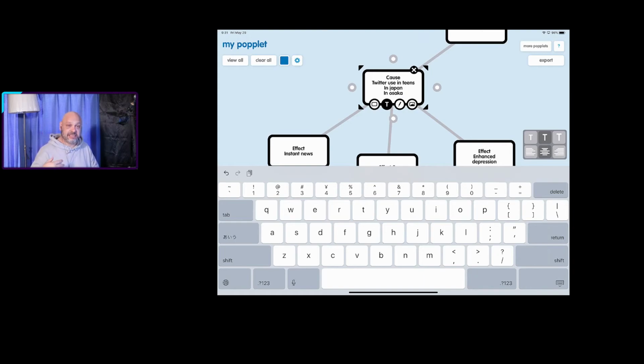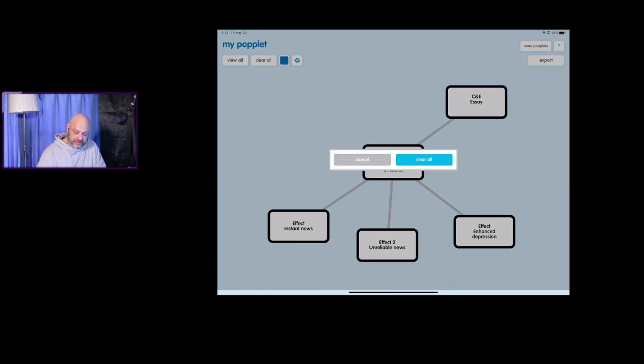And for the classes that I'm teaching, the number of words that you get to use for the essay is pretty limited, and it's basically 2, maybe 3 pages. And so being able to do a cause and effect essay, you really need to be able to focus very tightly on what you want to talk about. So things like, let's clear all.